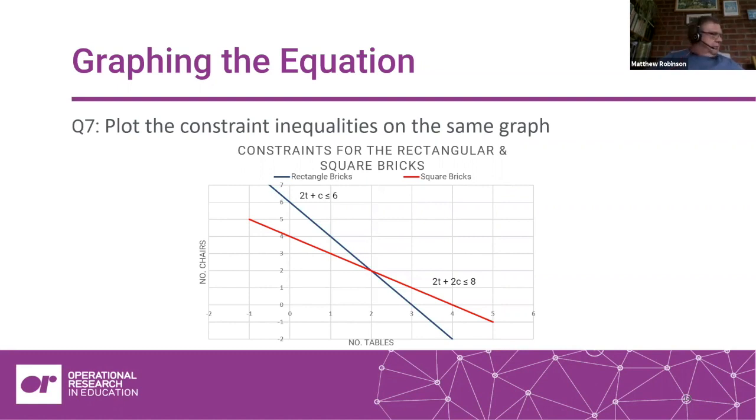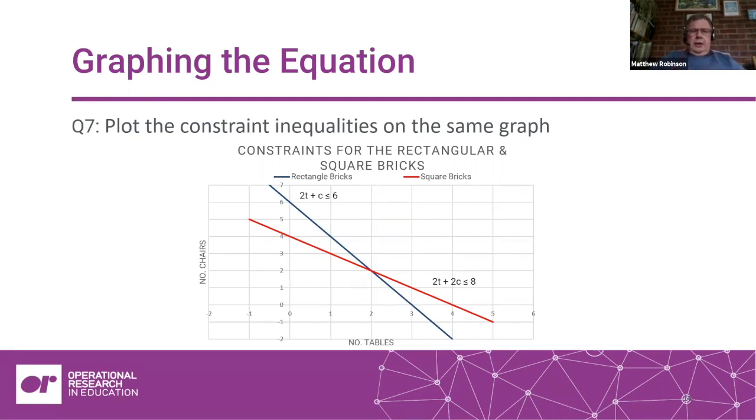We've obviously done the same for the square bricks. So this is if we produce no tables, how many chairs can we produce? And that's 4. So therefore we're crossing the graph at the value of x equals 0 and y equals 4. And if we produce no chairs, then in terms of the square bricks, we can produce 4 of those. So in this case, it is crossing at x equals 4 and y equals 0.